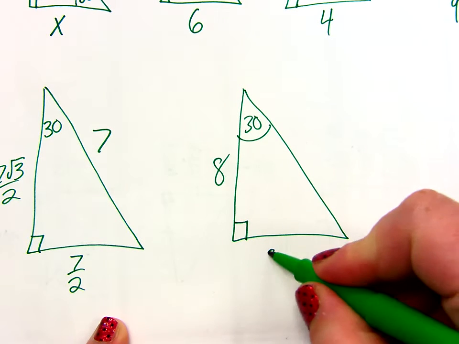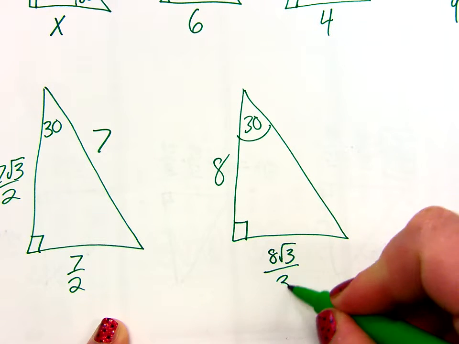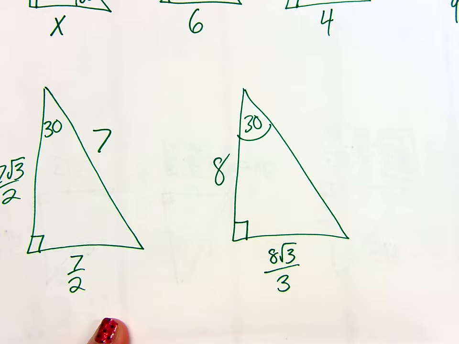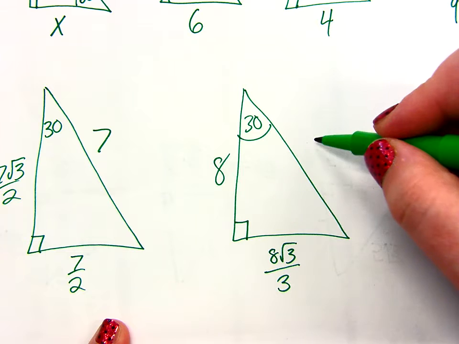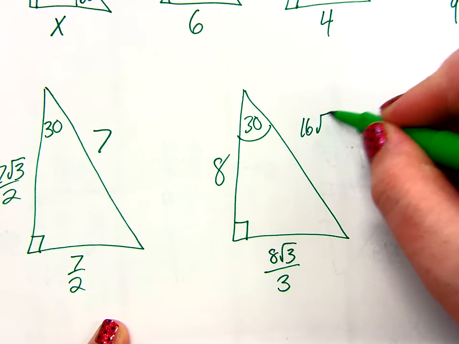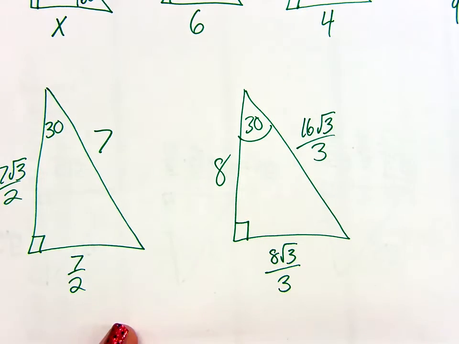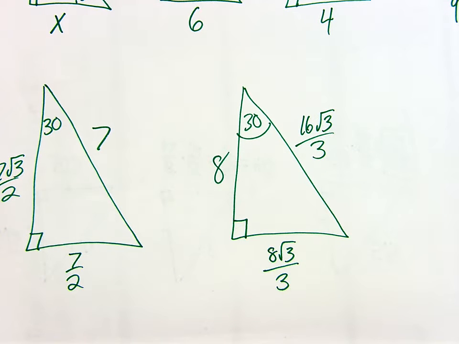Yes, 8 root 3 over 3 is correct. So then this one is going to be twice that. 16 root 3 over 3. Yeah? Follow?